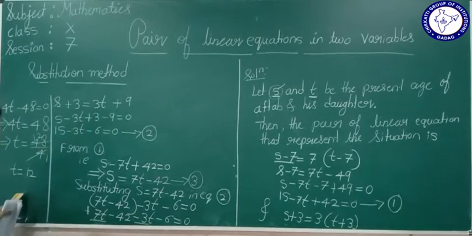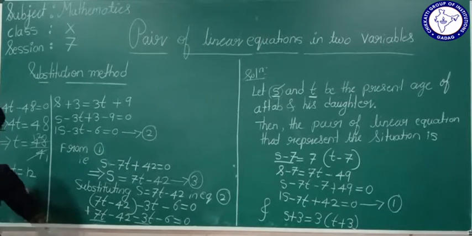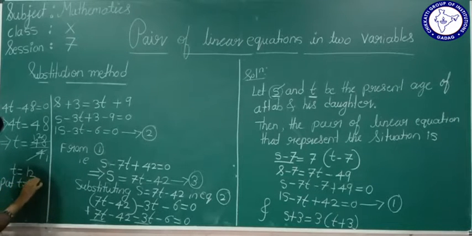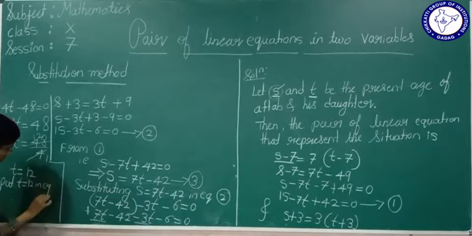Okay, T we got. Now, substitute this T value in equation number 3. We will get the solution of S. Put T is equal to 12 in equation 3.